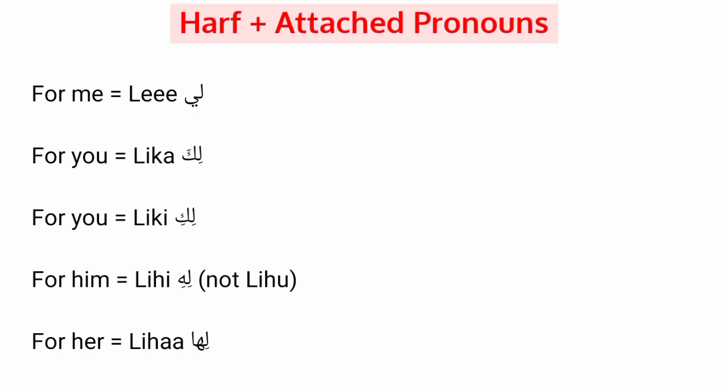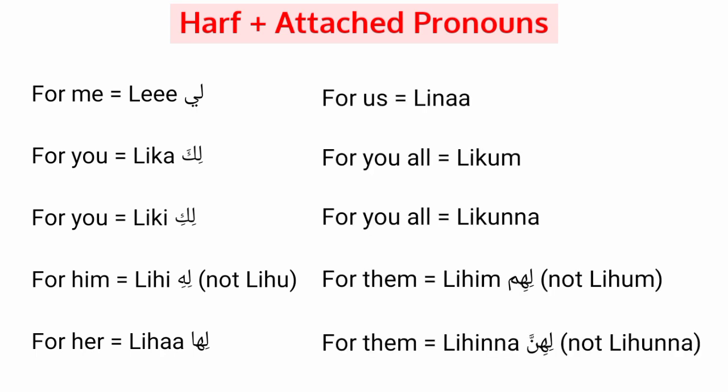It was Minhu, but over here it will be Lihi, because right before hu we heard the sound of e, so hu said I want to become hi. Similarly, Lihaa, Linaa, Likum, Lihum. Instead of Lihum it will be Lihim, because hum heard the sound of e and said, oh, I want to become him. Lihim. And Lihunna became Lihinna.